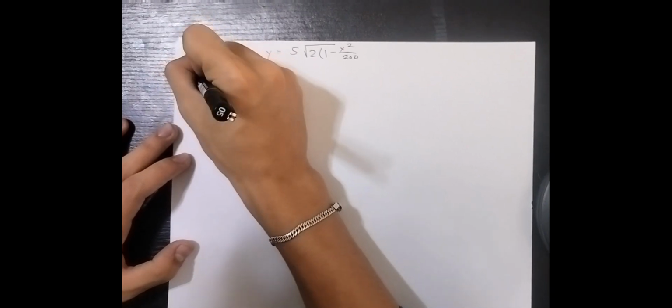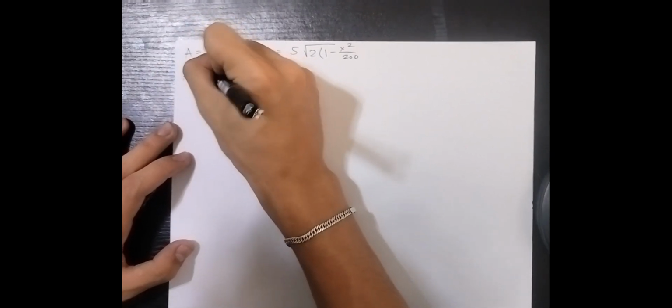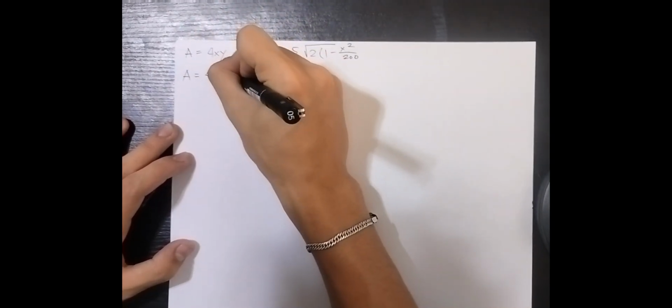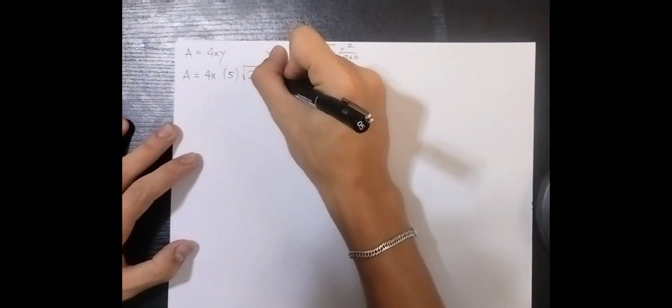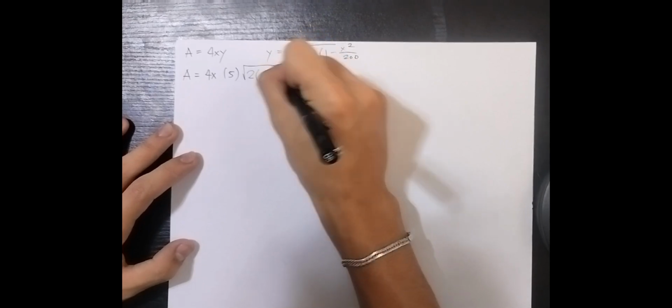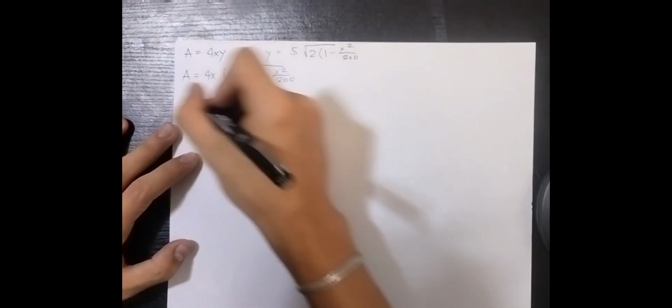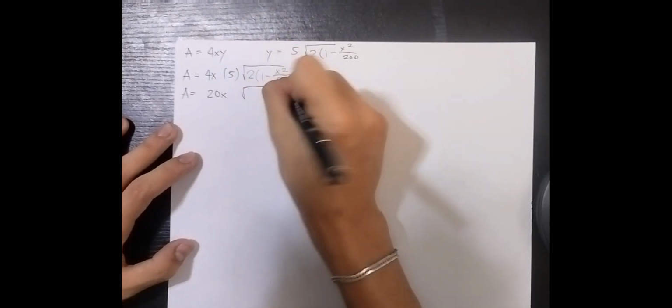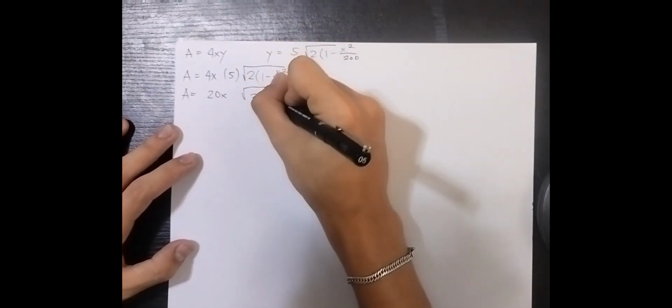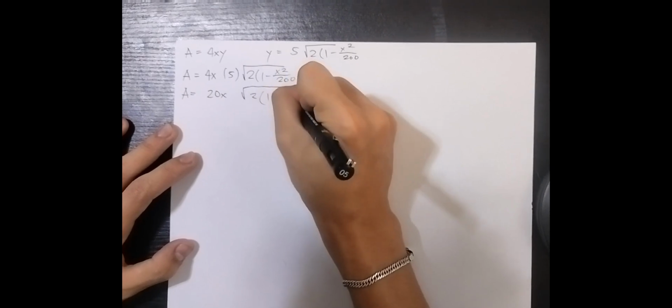So it will become A is equal to 4x. Plug in the value of y. It's just 5 square root of 2, 1 minus x squared over 200. We can simplify it to A is equal to 20x square root of 2, open parenthesis 1 minus x squared over 200.